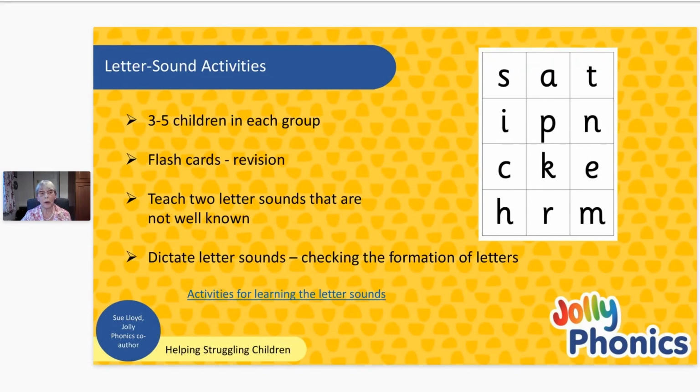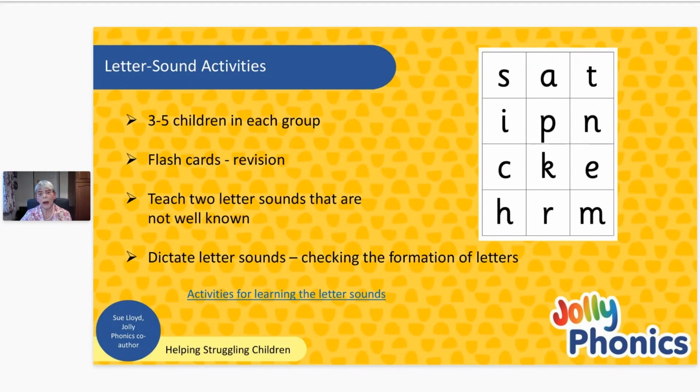So in your little group, perhaps 3 or 4 children around a desk, you can do your flashcard revision. You would want to have a starting place. So usually they might know the single letter sounds up to the first digraph, the A. And then when the digraph starts, sometimes that's when it starts to go wrong.